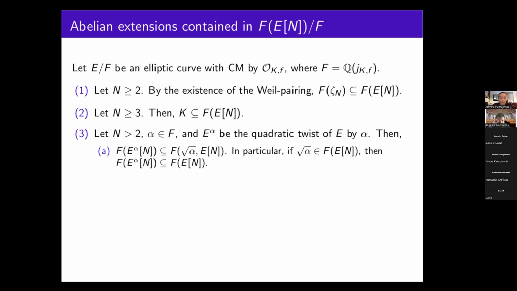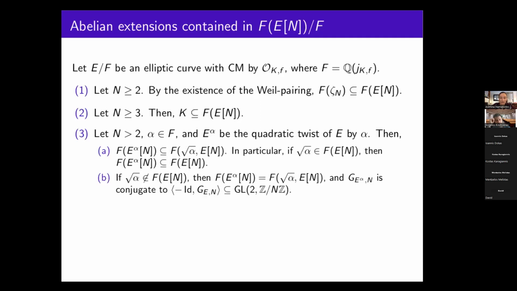Then we have that F adjoin the n-torsion of E_alpha is contained in F adjoin the square root of alpha and the n-torsion of E. So if the square root of alpha is in this division field, then the division field for E_alpha is contained in the division field for just E. If the square root of alpha is not in the division field, then the division field of E_alpha is equal to F adjoin the square root of alpha and the n-torsion of E. And we get that this G_E_alpha(n) is conjugate to this subgroup.